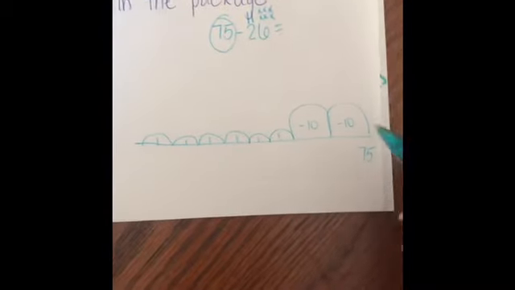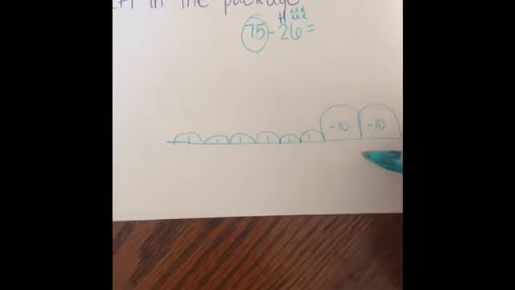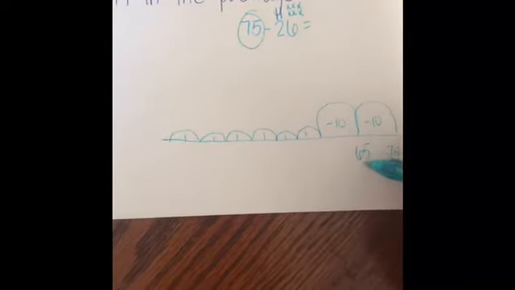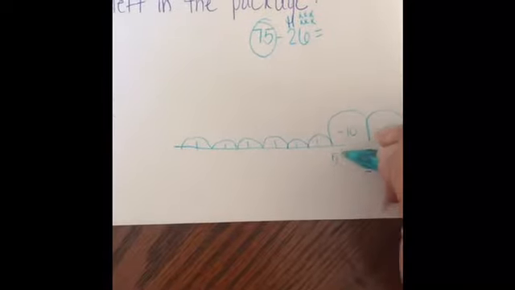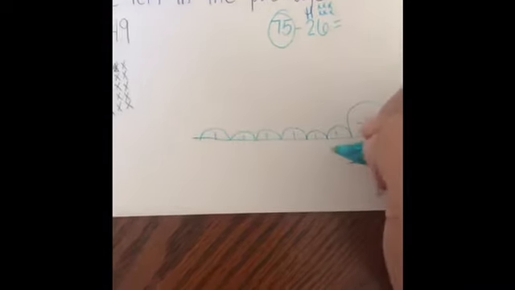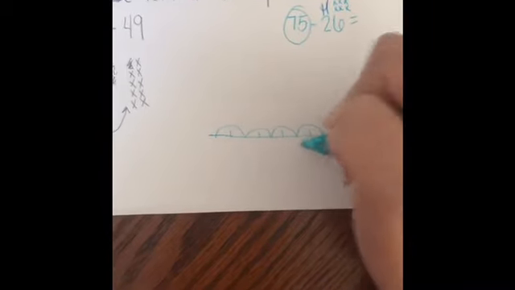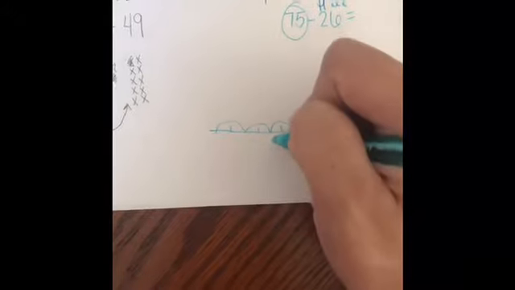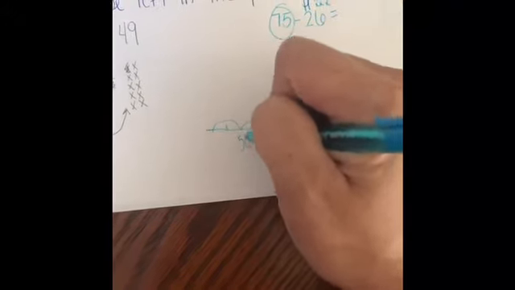All right, now I'm going to do my counting. 75 minus 10 is 65. 65 minus 10 is 55. And now I'm subtracting 1. 54, 53, 52, 51, 50.